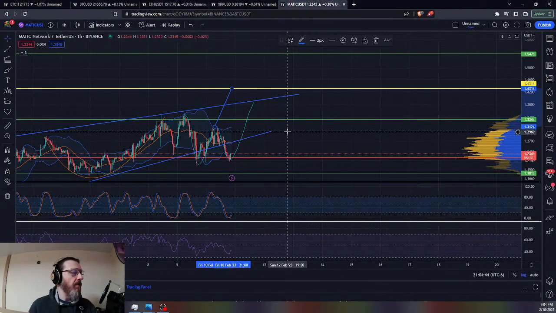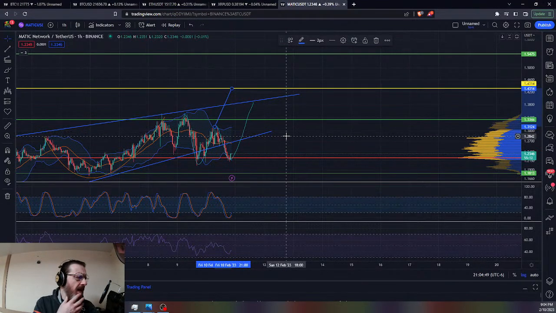So Matic looking very bullish, and keep in mind, fundamentally, right now, Matic is a very sound project. Obviously a top 10 coin, but not only providing a speedy solution to Ethereum and a solution to the high gas fees, but they do have the ZK rollups technology built in, which if you haven't researched the ZK rollups, folks, try to do a little bit of a dive into that in your free time.